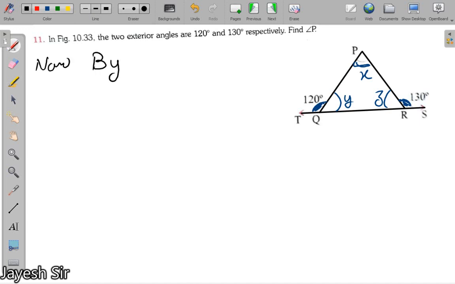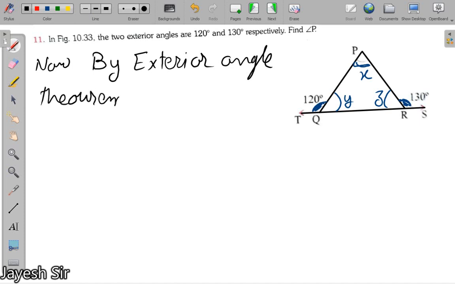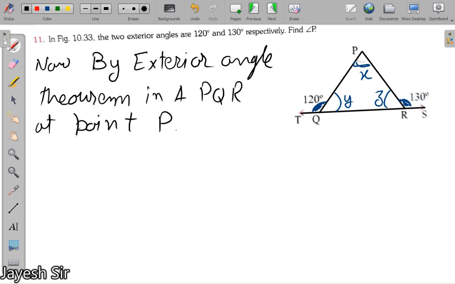By exterior angle theorem, in triangle PQR, at point Q, this angle TQP is the exterior angle. What I told you was the exterior angle is equal to the sum of both the opposite angles.